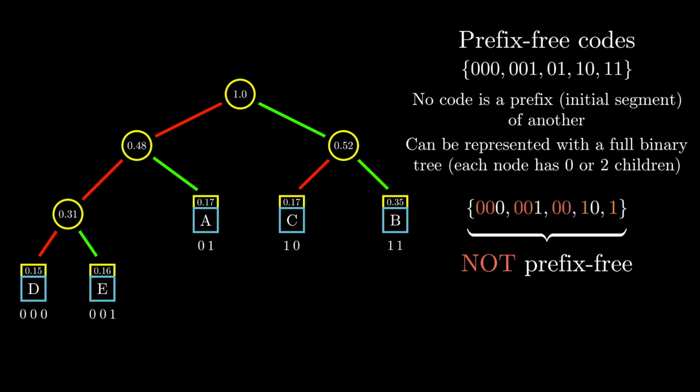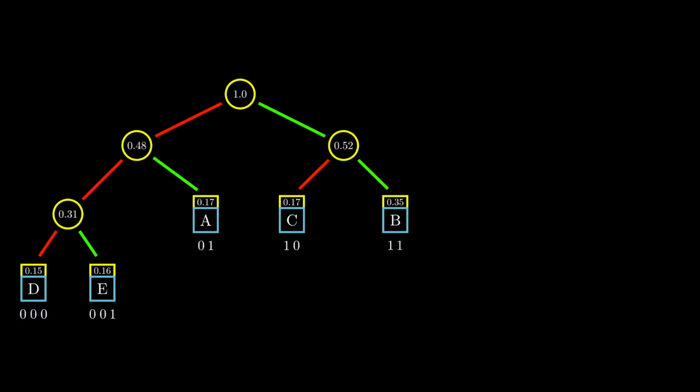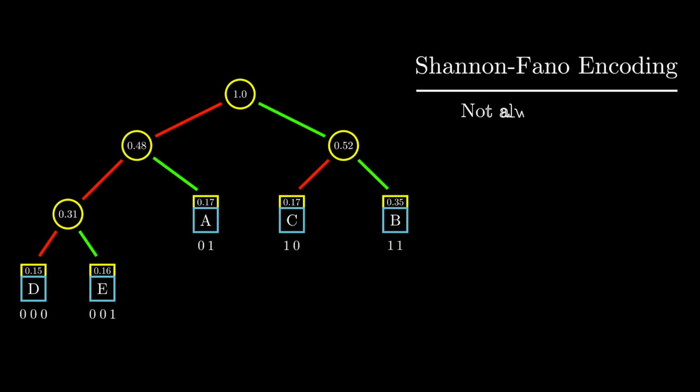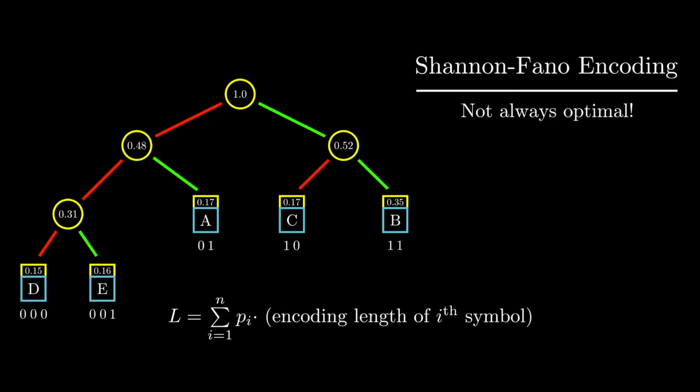For a couple of years, Shannon-Fano coding was the best scheme people had to perform lossless compression, and it produced optimal codes for a variety of distributions. However, Shannon-Fano coding does not always produce an optimal encoding, meaning there sometimes exists another encoding scheme with better average length per symbol.